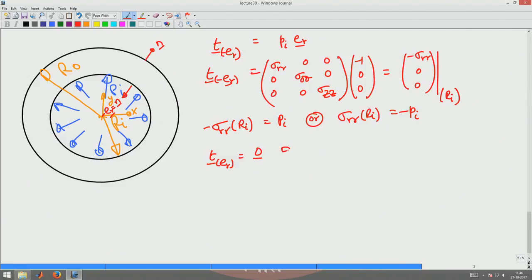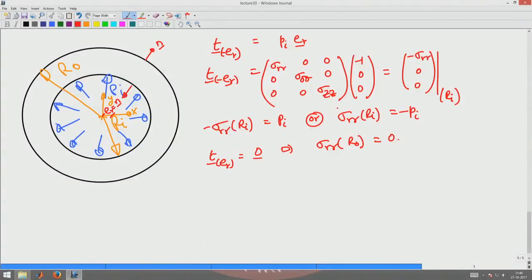So, this will imply that sigma rr at R_0 is equal to 0. I could alternatively have applied a pressure at the outer surface, in which case whatever pressure I apply there should come in here. But for this example problem I am assuming it to be 0. So, these are the two boundary conditions that I have to now enforce.